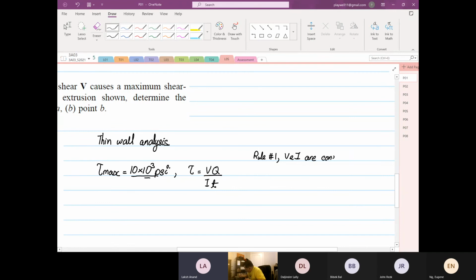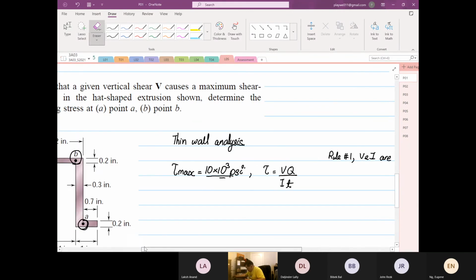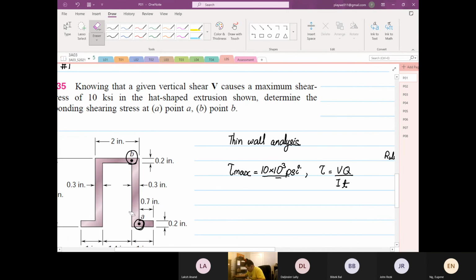So regardless of point A or point C, V and I will always be constant. Whether we find point B or point A, all will be constant.